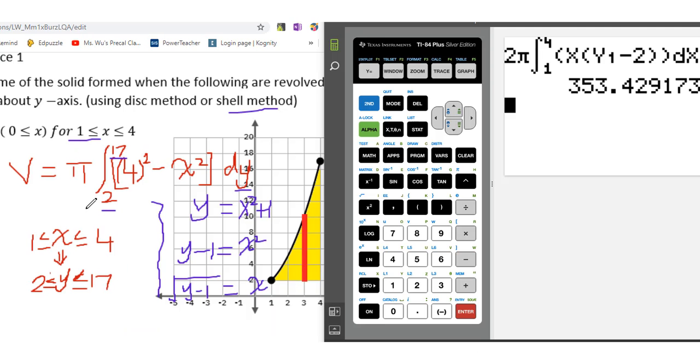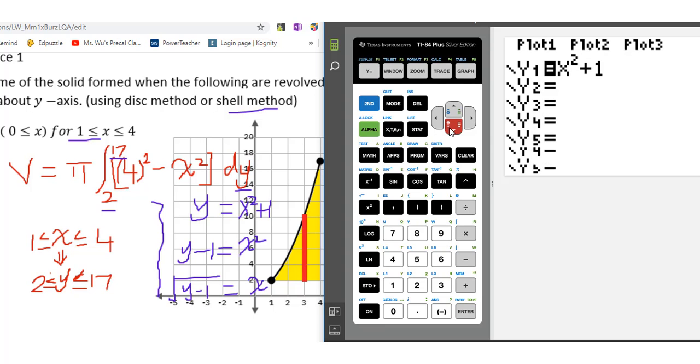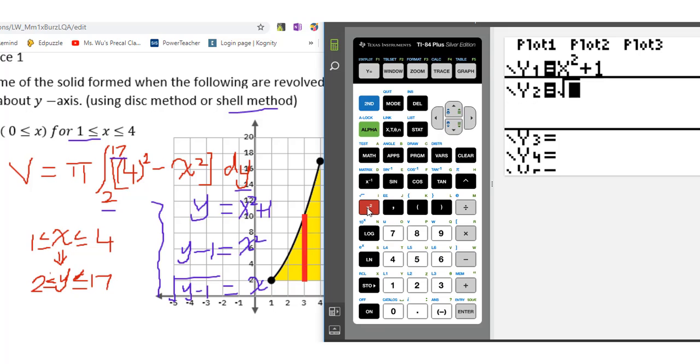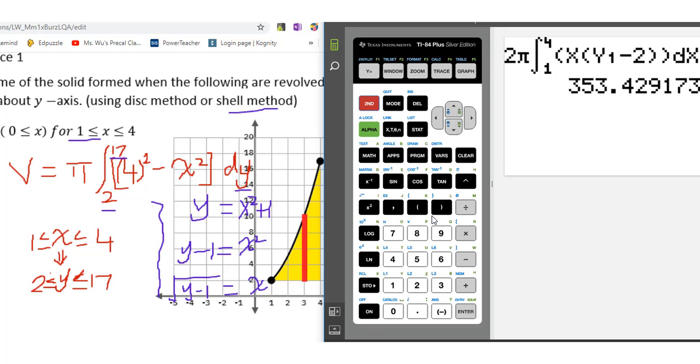Now we will put this into a graphing calculator. Go to y equals. For y2, we will put the square root. We will change every single y into x, so here is the square root of x minus 1. Then we go to quit. So we will do pi, then math 9, from 2 to 17.